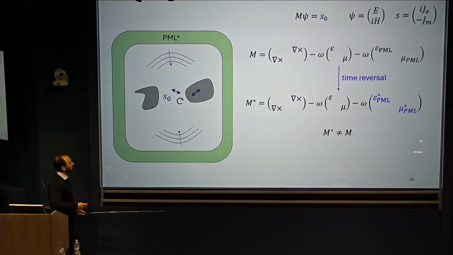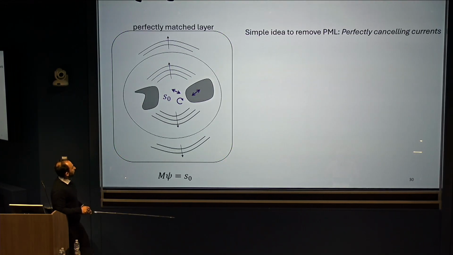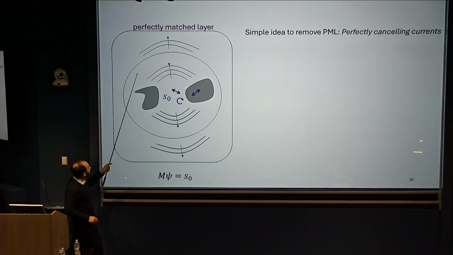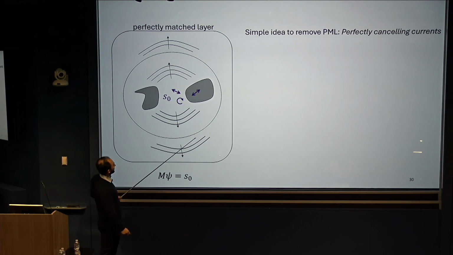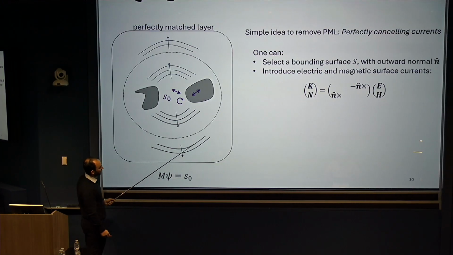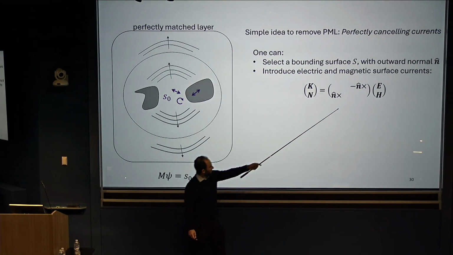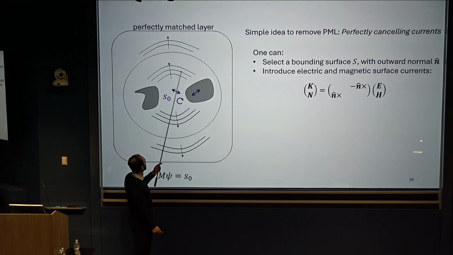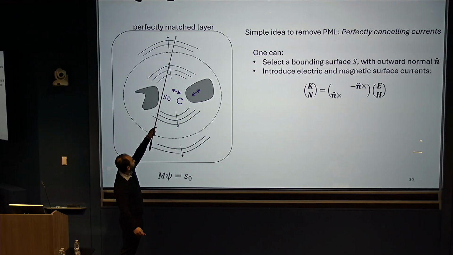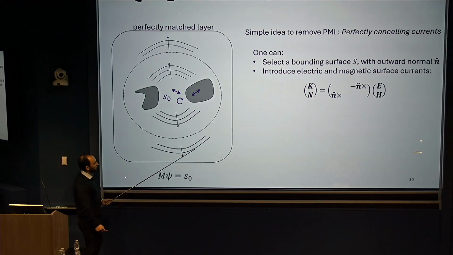There's an alternative framing, which can work as follows: instead of using a PML, let's take a surface outside all of the scatterers, and let's put currents on this surface. One might call them perfectly canceling currents, given by the electric field and the magnetic field, according to the surface equivalence principle, that null out the field everywhere to the exterior of this surface.